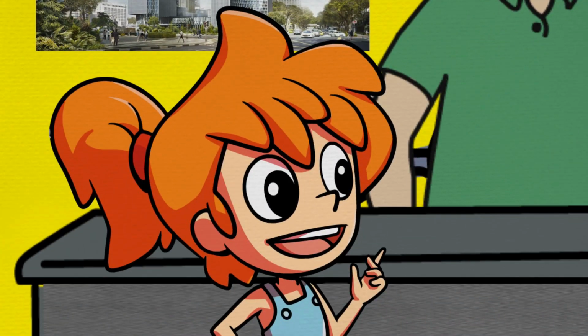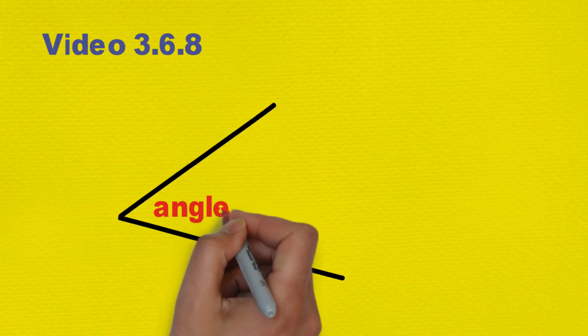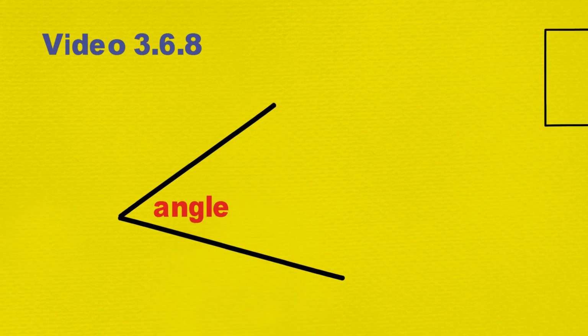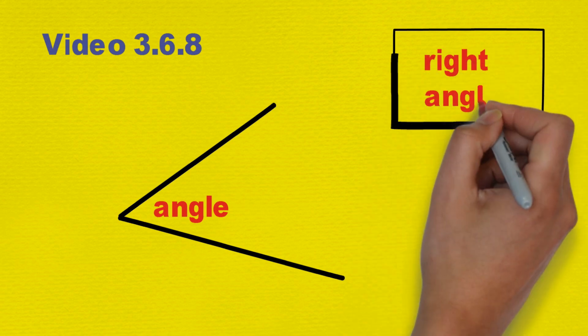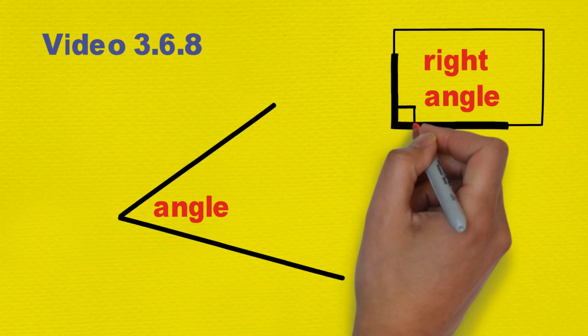Well, Grandad, answered Min, in video 3.6.8, we learnt that when straight lines meet, they create angles. If the lines are perpendicular to each other, like the sides of a rectangle or square, the angle is a right angle, shown with a little box.